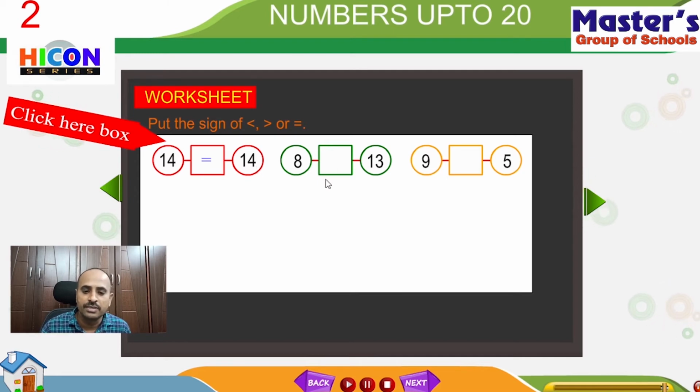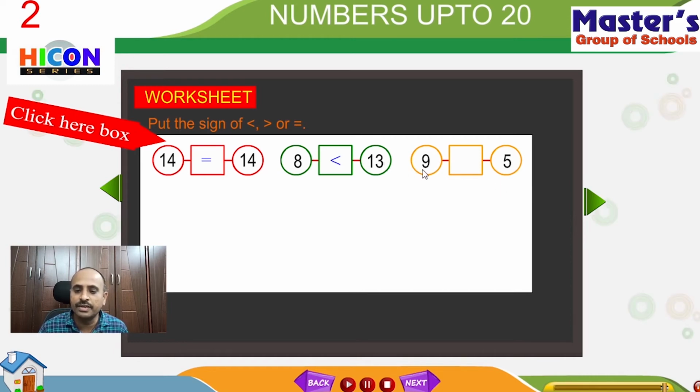So children, see the second pair of numbers. In the second pair, the first number is 8 and the second number is 13. So here 8 is the smallest number and 13 is the biggest number. So here the first number 8 is smaller, so put the symbol less than. So if the first number is a smaller number, then we have to put the less than symbol. So children, see the next pair of numbers.